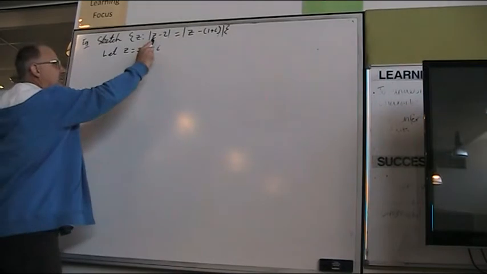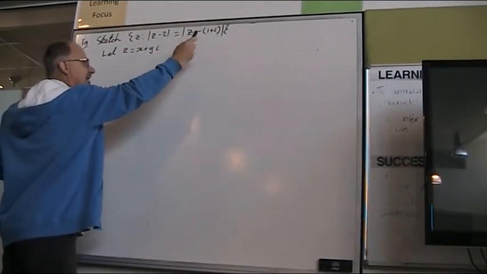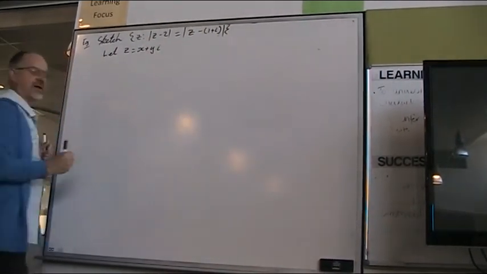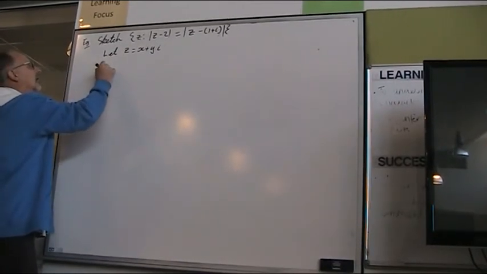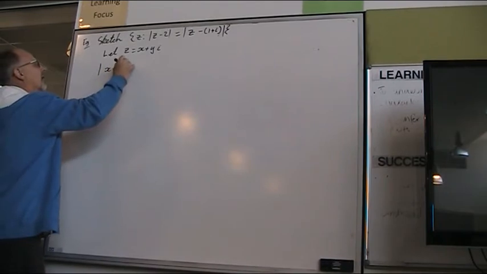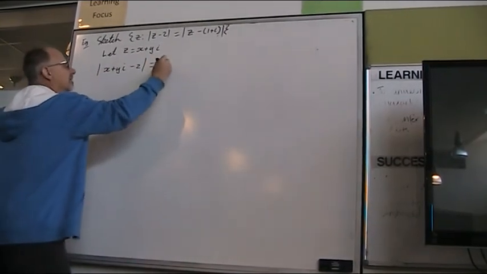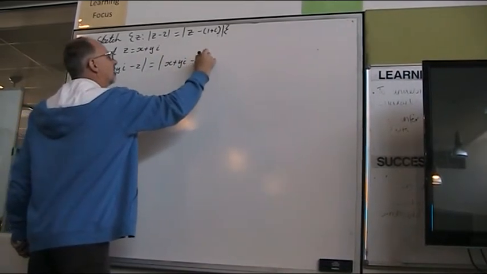So if you've got this complex number, you take 2 from it and find the magnitude of it, it's the same as if you took that from it and found the magnitude. So it's the same complex number set. So the magnitude of x plus yi minus 2 is the magnitude of x plus yi minus 1 plus i.